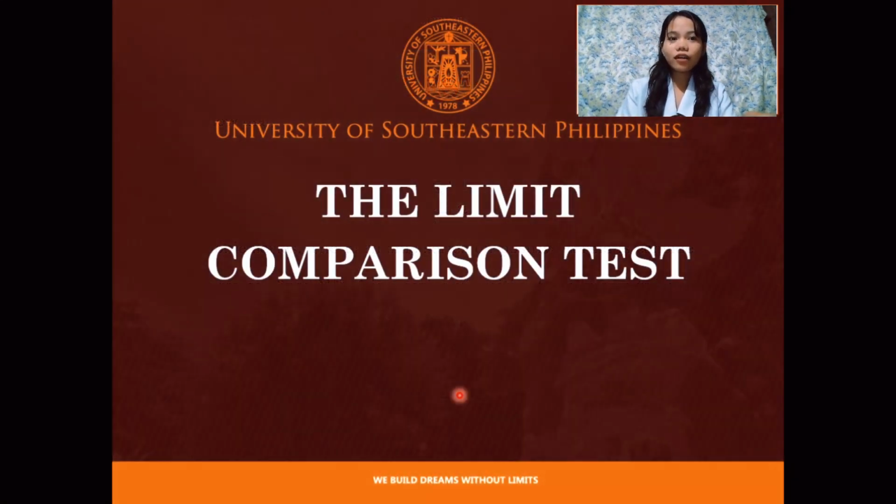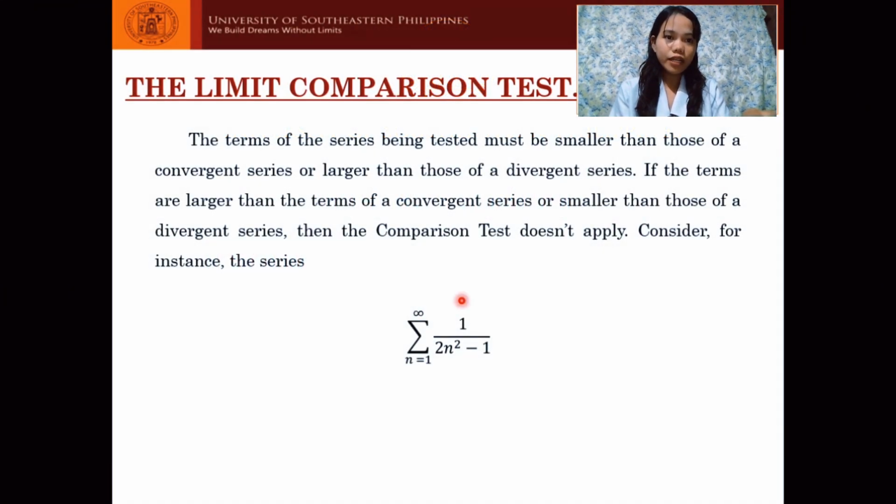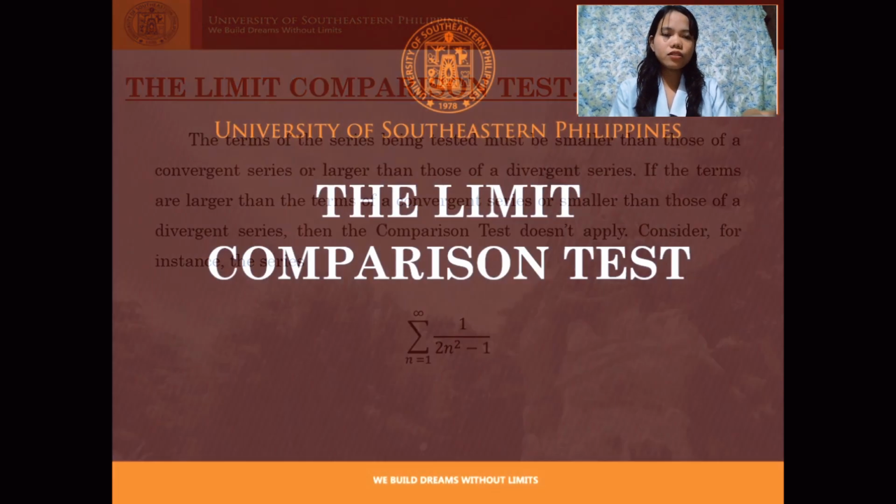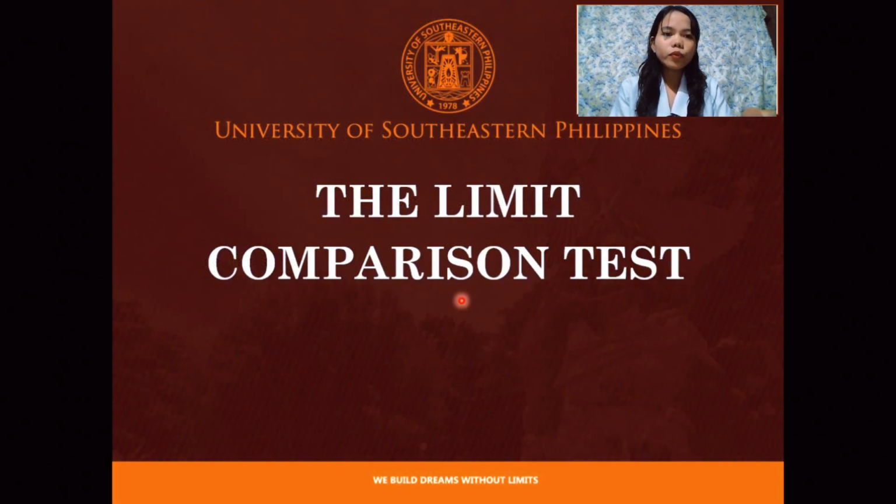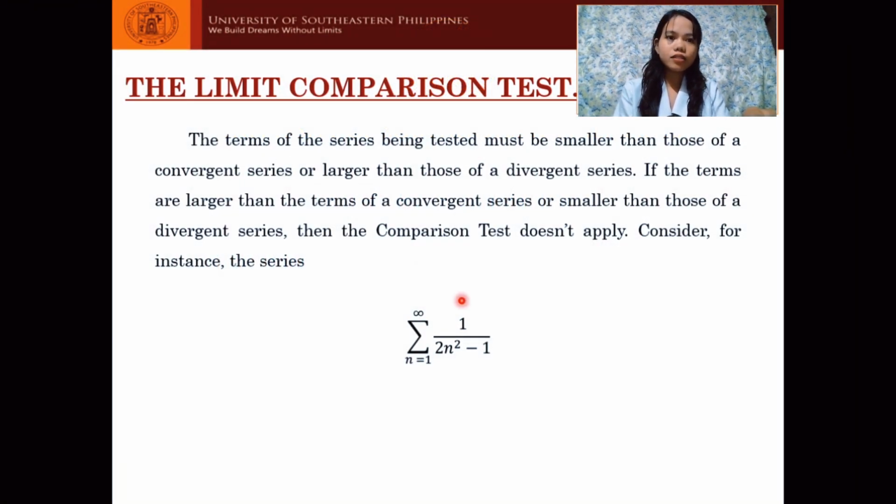We have already talked about the comparison test, and now we're going to talk about the limit comparison test. The limit comparison test is about the ratios of two series. We're going to find the limit of the ratios of the two series. So what is that all about? When can we apply this limit comparison test?